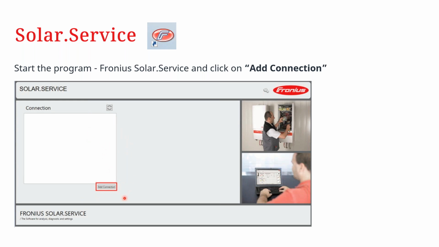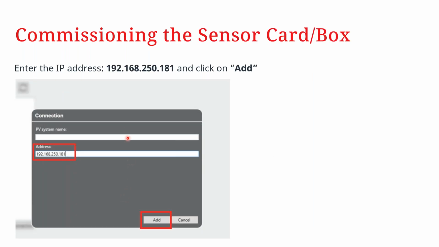Once you click on add connection, you can now go ahead and enter the IP address. The IP address is 192.168.250.181. Once you enter that, you can now click on add.